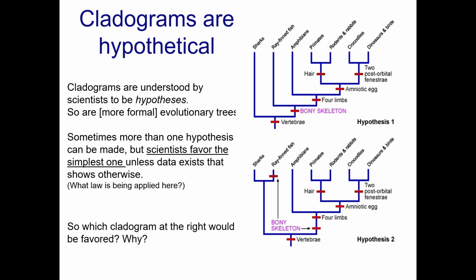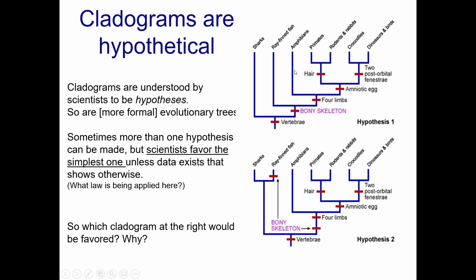And like we said, we've put together cladograms and then realized that two things that we thought were closely related in the end are not that closely related, and so we have to adjust the hypothesis when we have new information. But they're always hypothetical. Now, they're not hypothetical in the sense that we know things are related, but what we are trying to figure out is how closely related things are.